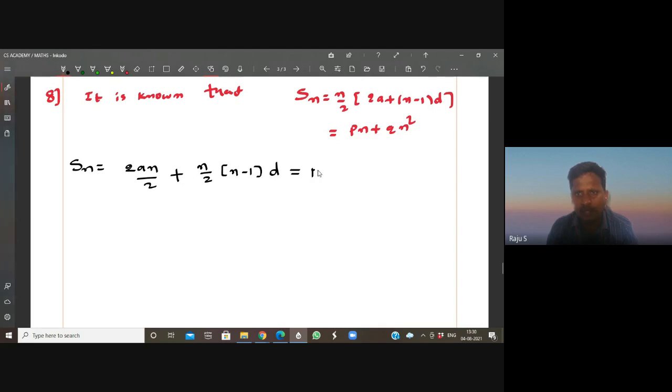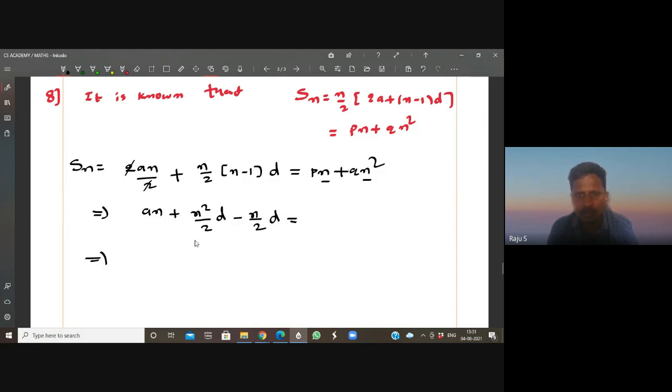It is equal to Pn plus Qn square, right? Now, 2 gets cancelled here, an plus n by 2 here. When will n square be there? N square will be there. So you can write n terms and n square terms separately. So n square by 2 into d, minus n by 2 into d, is equal to Pn.